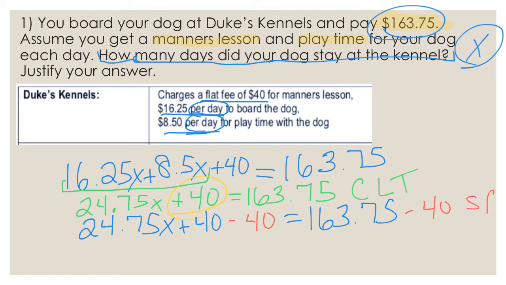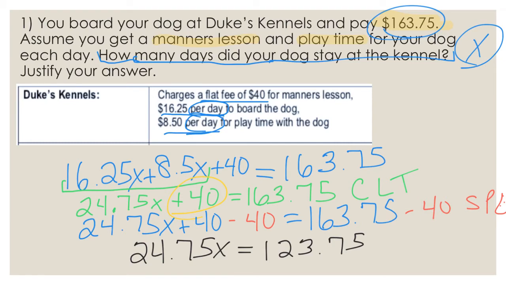Remember, this is SPE, the subtraction property of equality. So I'm going to combine my like terms again. In this case, I end up with 24.75x equals 123.75.